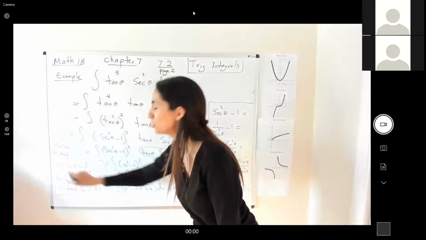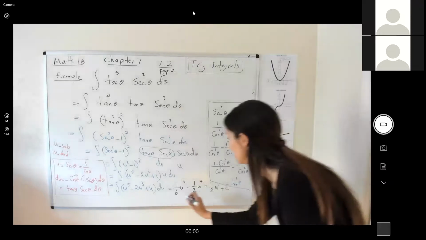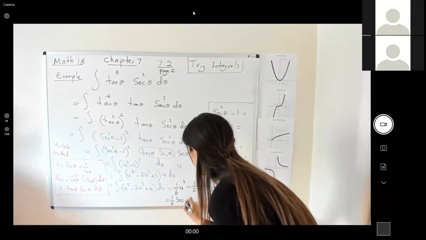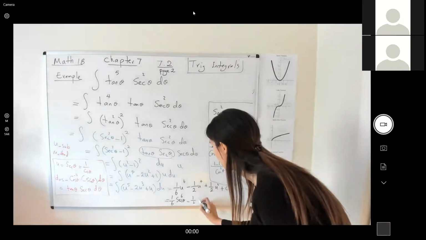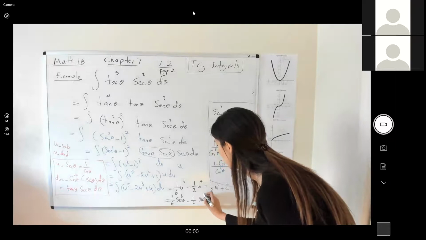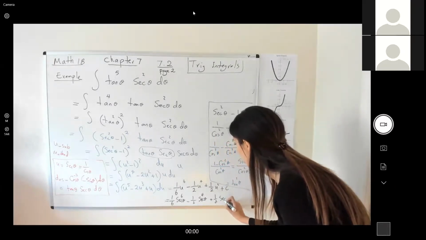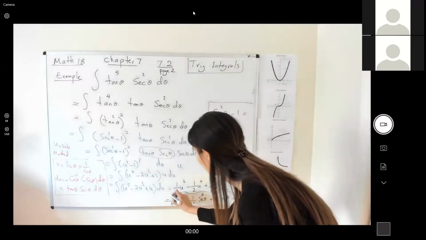What is u? U is secant theta. So let us substitute that by 1 over 6 secant theta raised to the 6th minus a half secant raised to the 4th plus a half secant to the 2nd plus constant of integration.